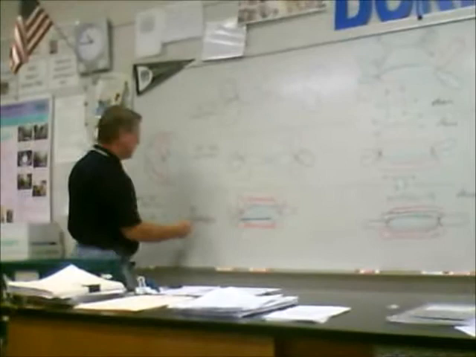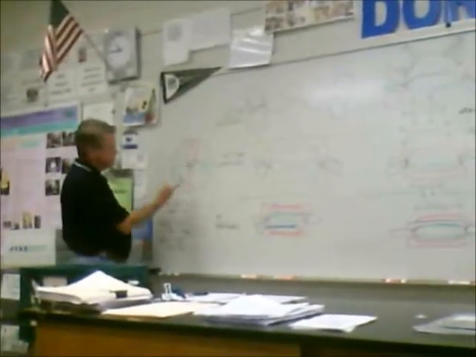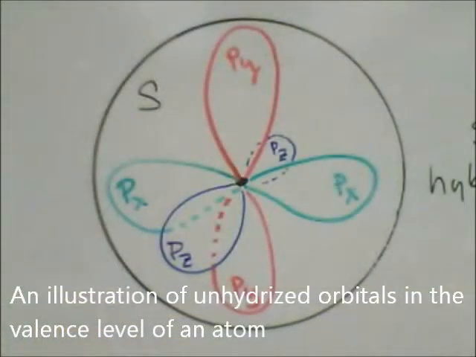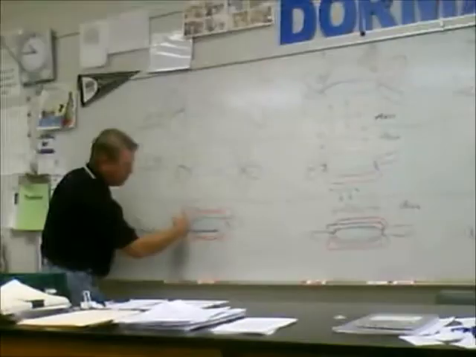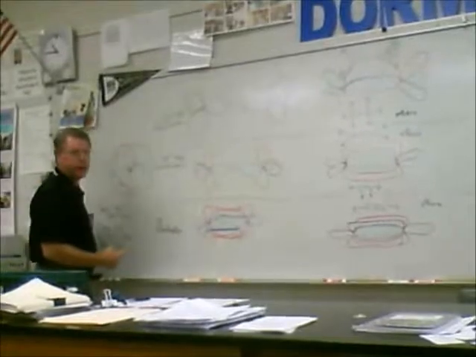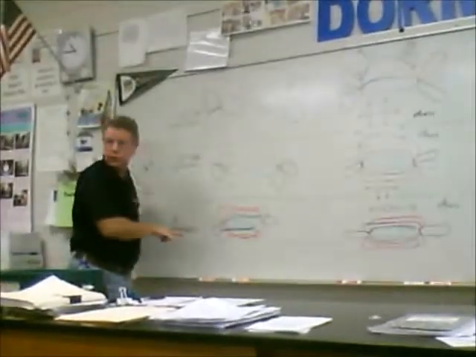So what's happening here is we have one p orbital that's not hybridized. We have a second p orbital, the Pz I've got here in blue, that is not hybridized. The Py is going to form a pi bond, and the Pz is forming a pi bond across the front and back.